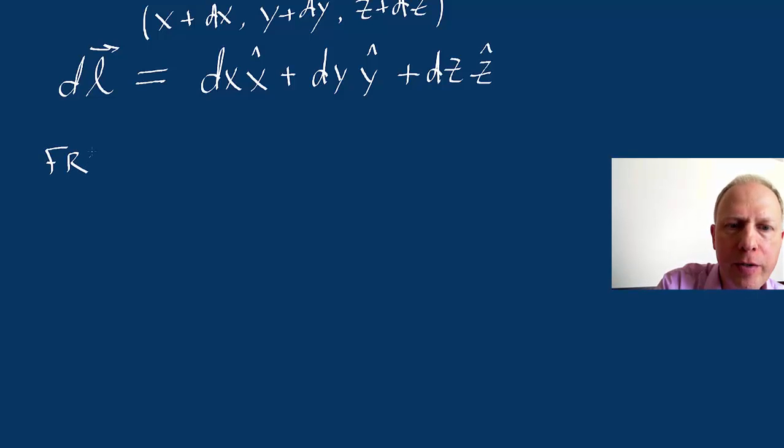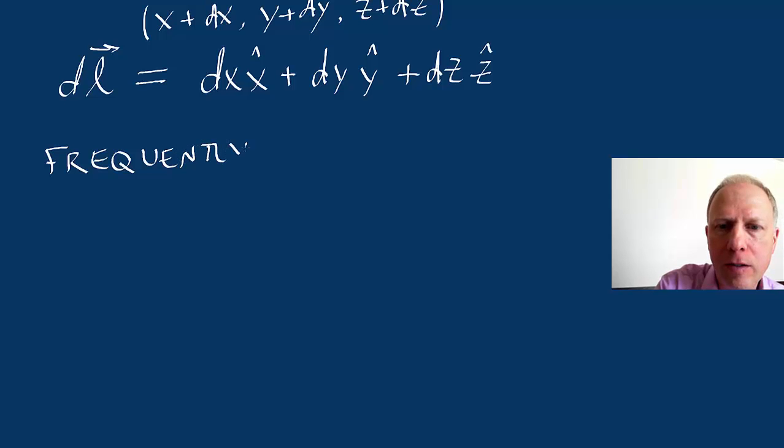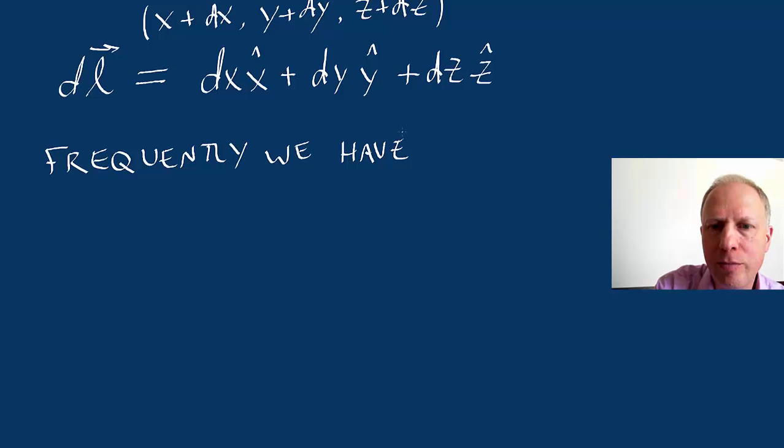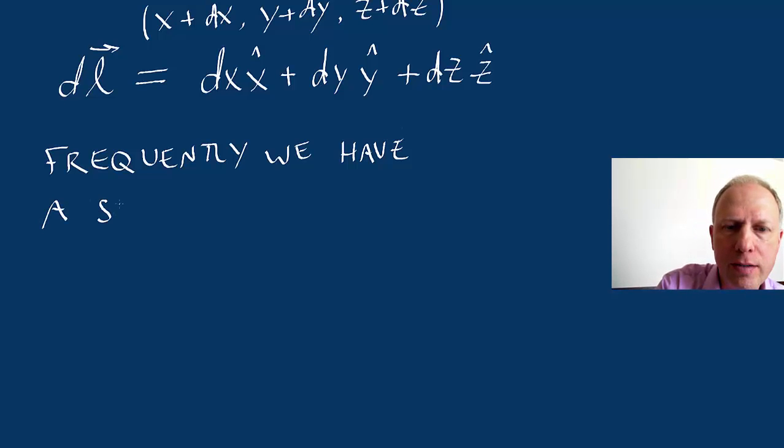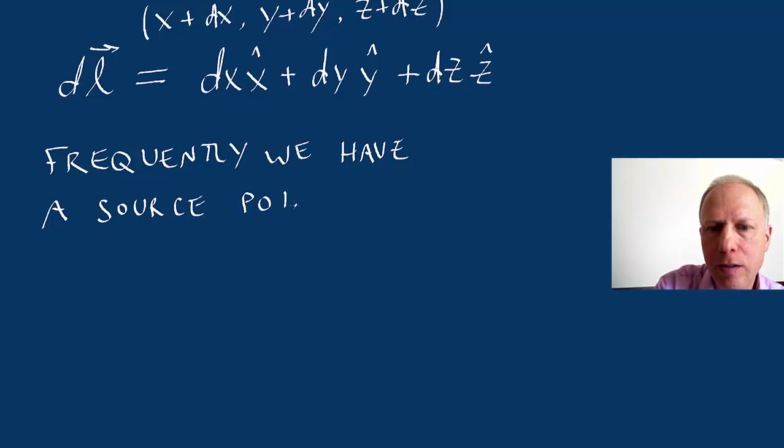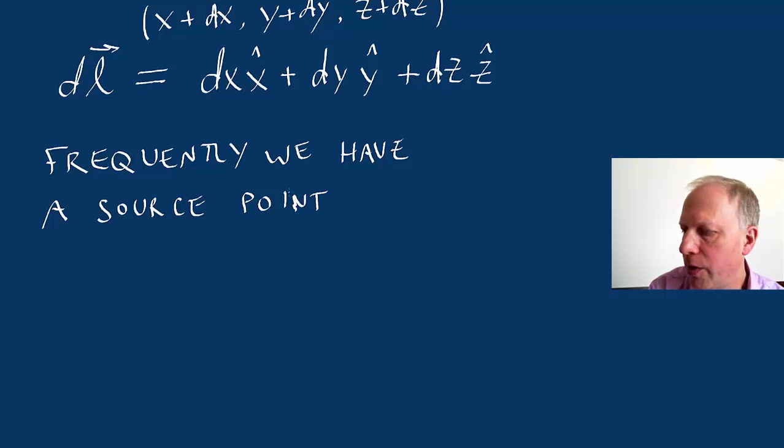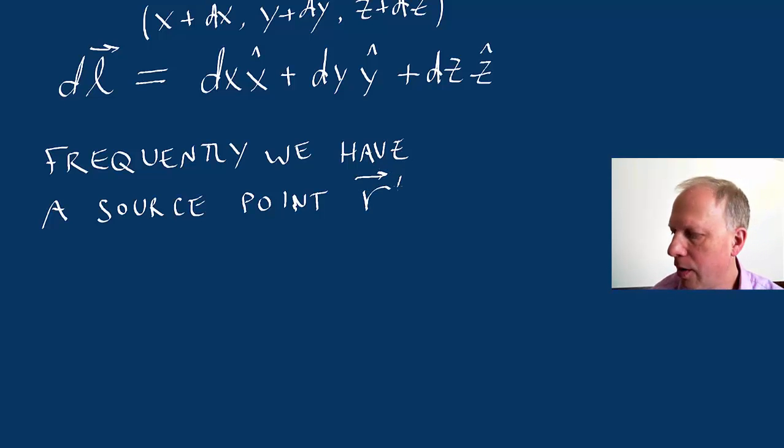In E&M, we frequently find ourselves in the situation where we want to talk about two positions at once. There is what you could call a source point, which is denoted by r prime in this book.